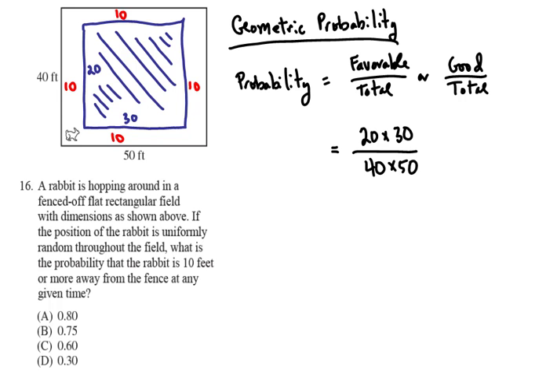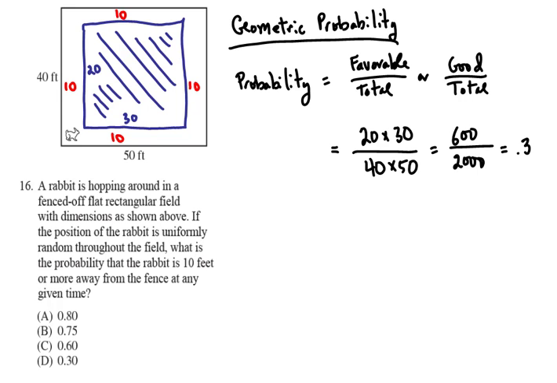And so that is going to give us 600 over 2,000, which is 0.3. All right, so that's the probability that the rabbit, if the rabbit can be anywhere at any given time, will be inside the blue region 30% of the time.